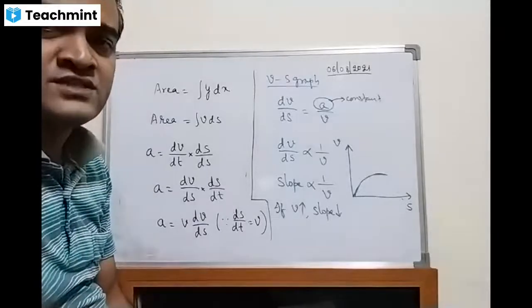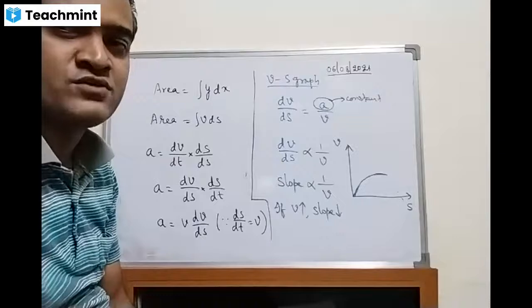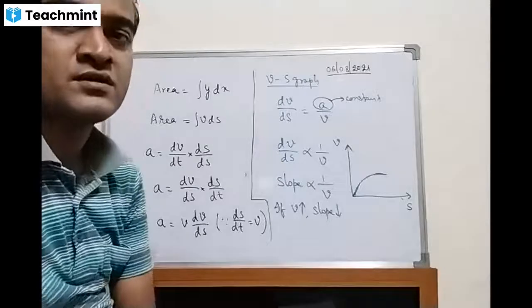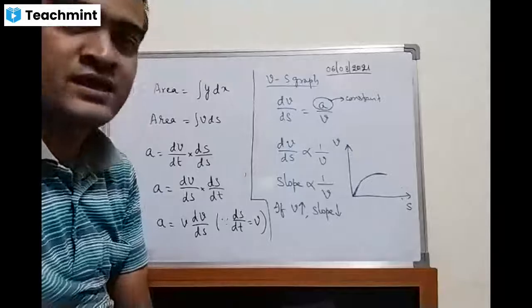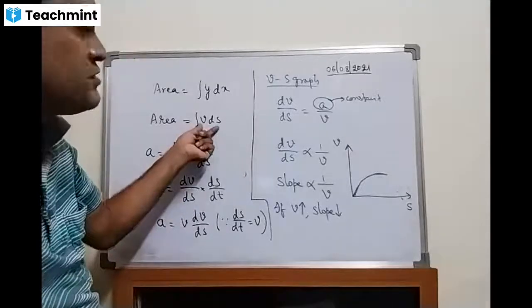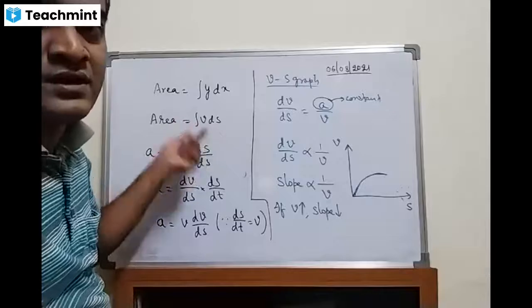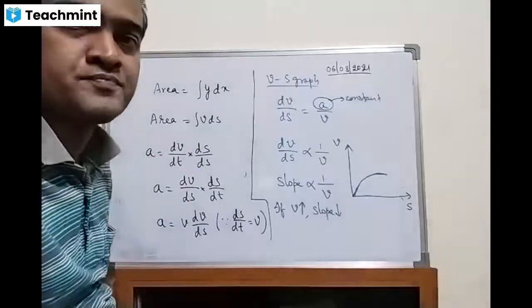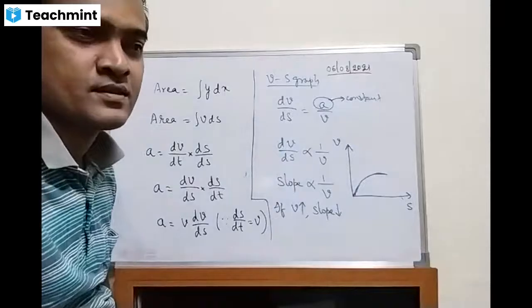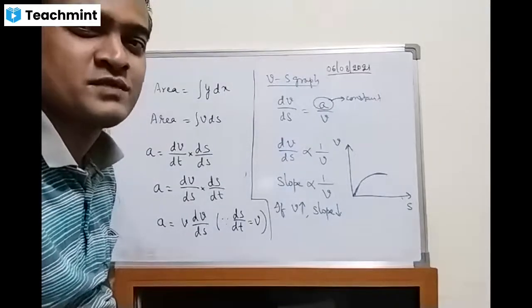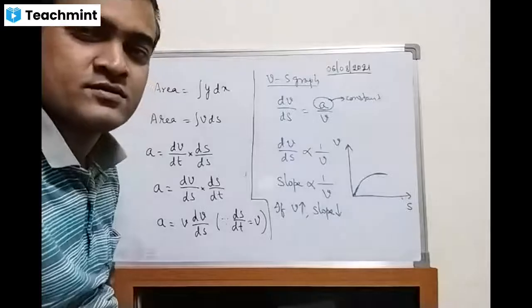V into ds చేస్తే ఏమైనా వస్తుందా మనకి? Velocity into displacement చేస్తే ఏమైనా వస్తుందా? Do we get any area, any quantity, if I multiply velocity and displacement? No, sir.